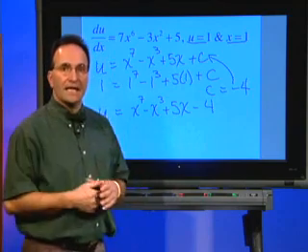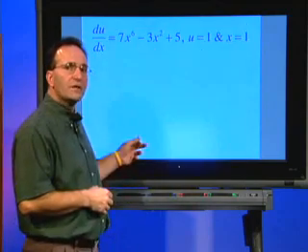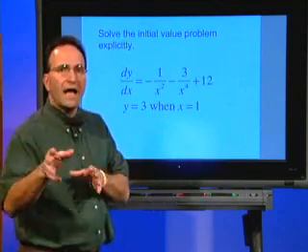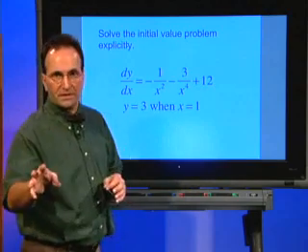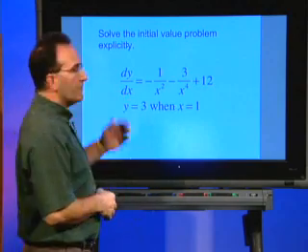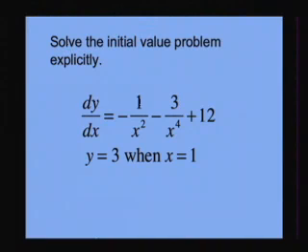Let's take a look at an example where we solve the initial value problem explicitly. dy/dx is equal to -1 over x squared minus 3 over x to the 4th plus 12, when y is equal to 3 when x is equal to 1.